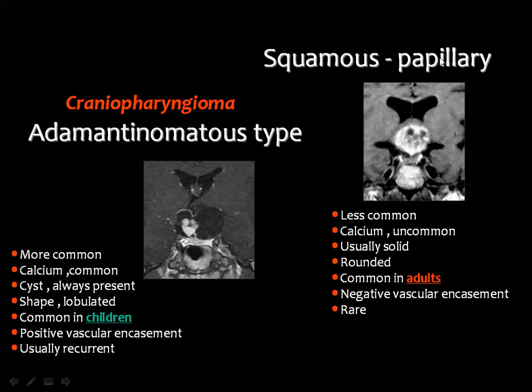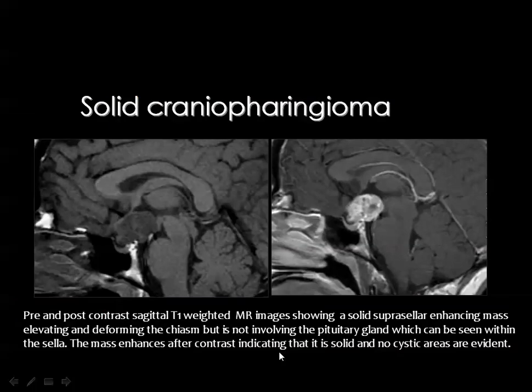The squamous papillary type is less common, is usually seen in adults, and it is usually solid with some areas of breakdown inside, but there is no cystic component and there is no calcification.